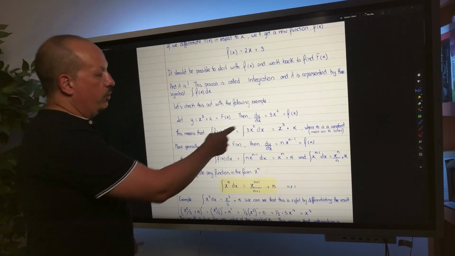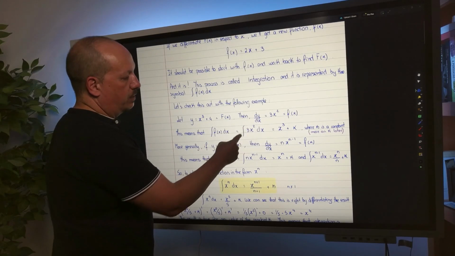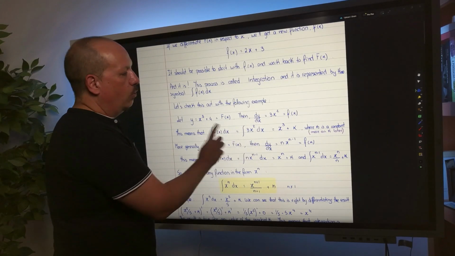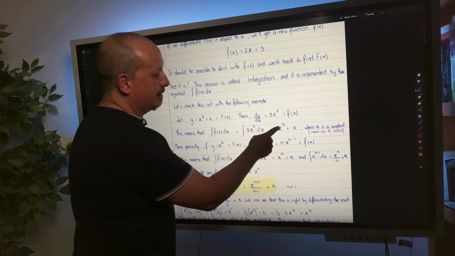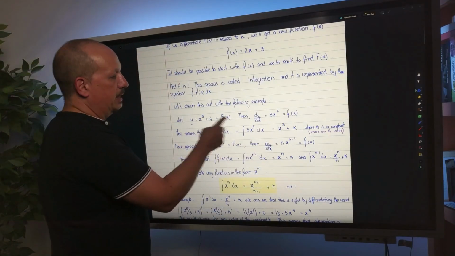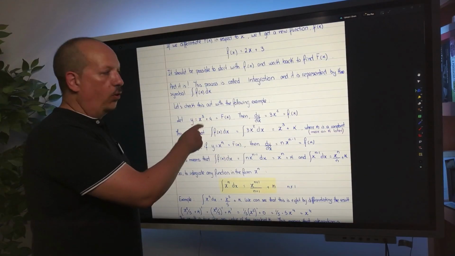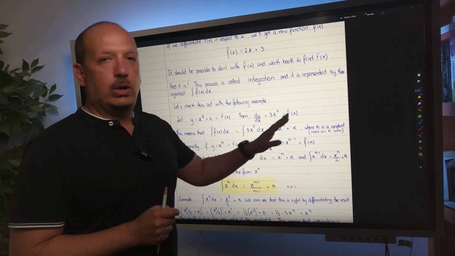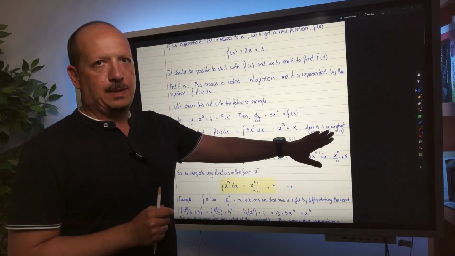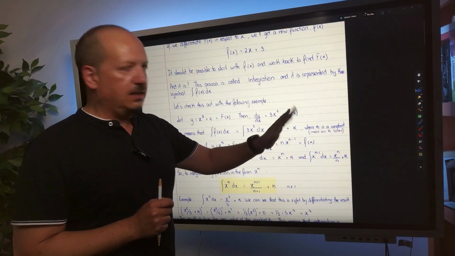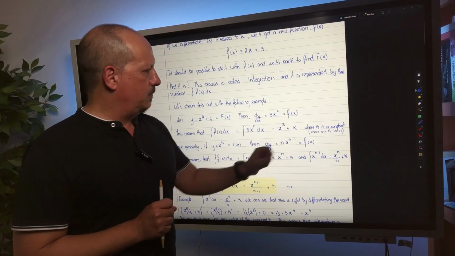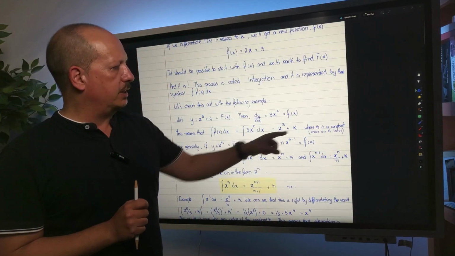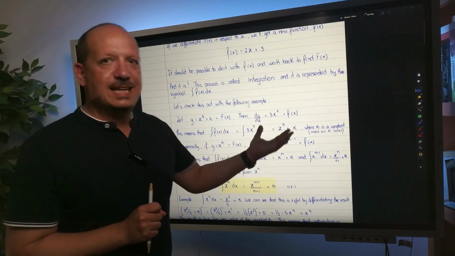So if we integrate this, integral of 3x squared dx, what will we get? We will get x cubed plus, we already know that it is 4, but for now we are just going to write k, where k is a constant. I'm going to talk about this in a couple of minutes. For now, just accept my word and take it as being just k, a constant.